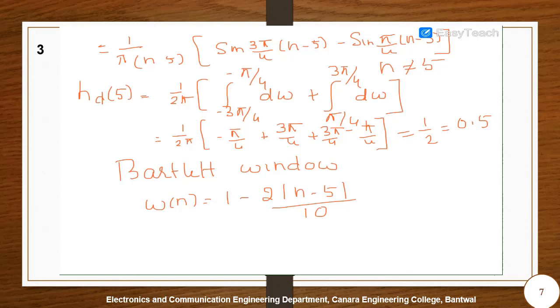So we will make use of hd of n and w of n and we will try to compute h of n. So we have n, hd of n, w of n and h of n. So n value is 0, 1, 2, 3, 4, 5.